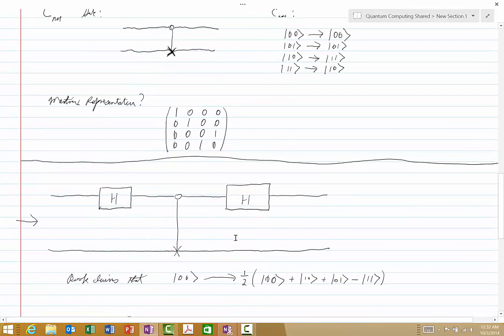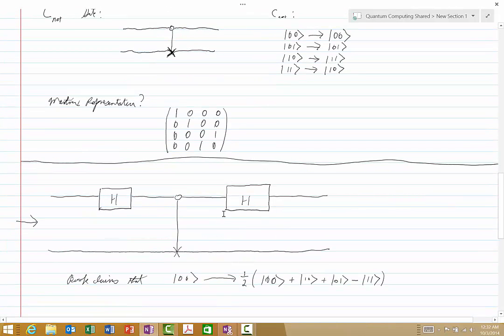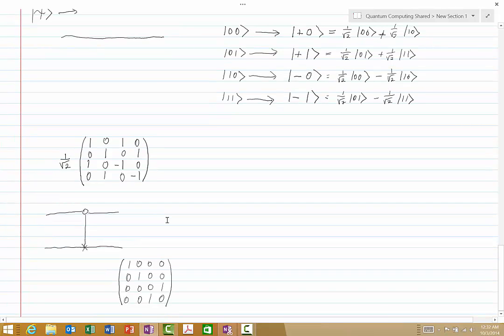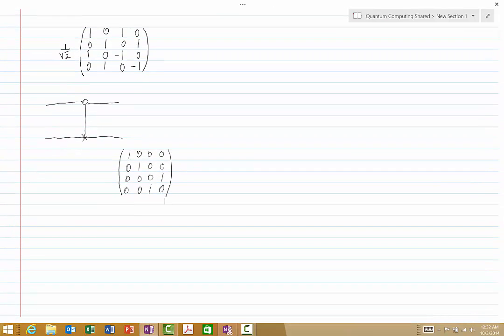And then the last part of the circuit is another piece that is identical to that first piece. So if we look at the matrix representation for the entire circuit, we will have the following. Now remember, this will be at the extreme right, because that's what's going to operate on the state first.